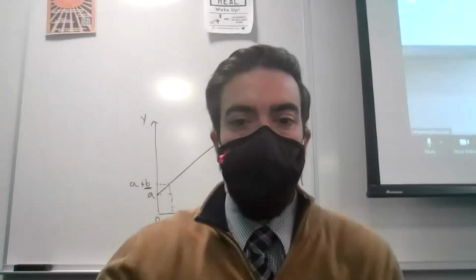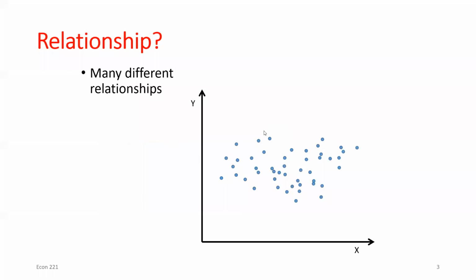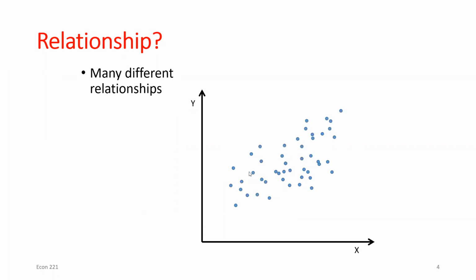If we think about different examples, I think we did these last class, but just as a reminder. When I think about some data that looks like this, my slope would just be 0: as X goes up, Y doesn't change by anything. Here, my value B is going to be positive: as X goes up, Y is also going up.